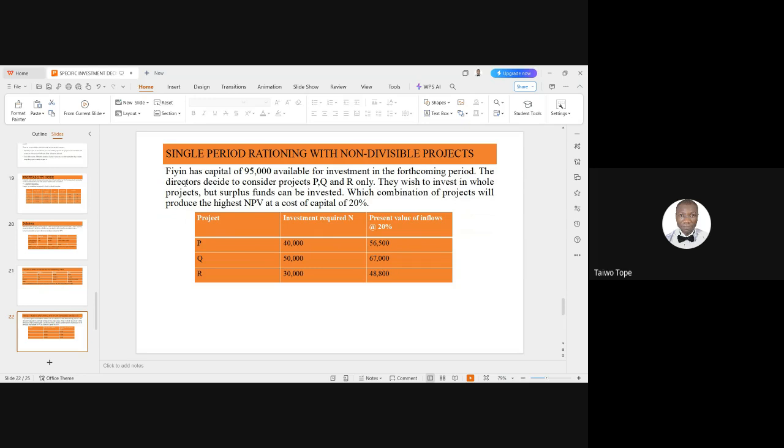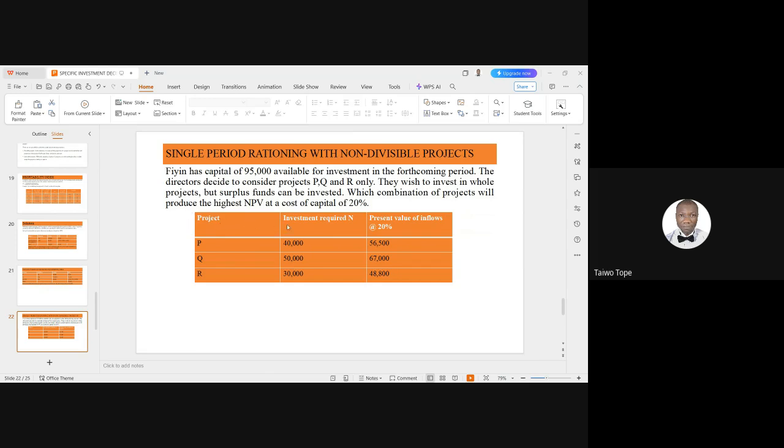So also we can have a case of single period rationing with non-divisible projects. In this case, we have an example that says a firm has capital of 95,000 available for investment in the forthcoming period. The directors decide to consider projects P, Q, and R only.